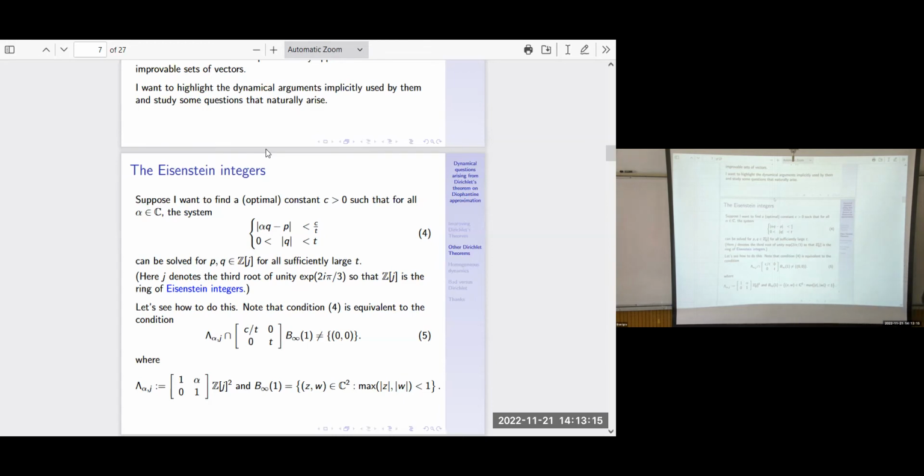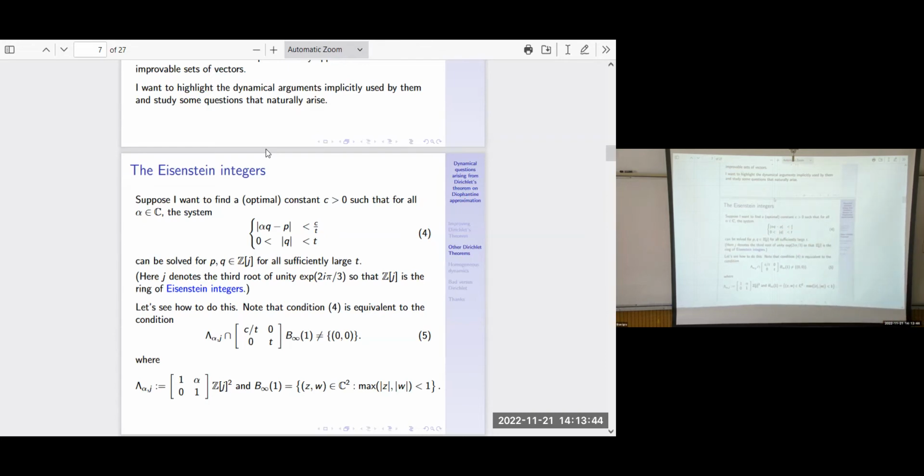What is Lambda alpha J? It's a subset of C^2. It's exactly the set of (1 alpha; 0 1) times (P, Q), where P, Q belong to Z[J]. So the typical point exactly looks like what showed up here.